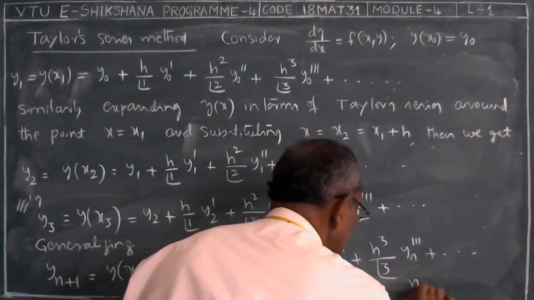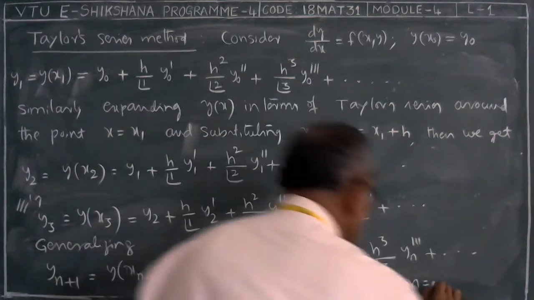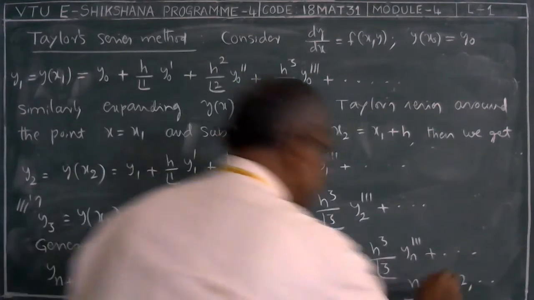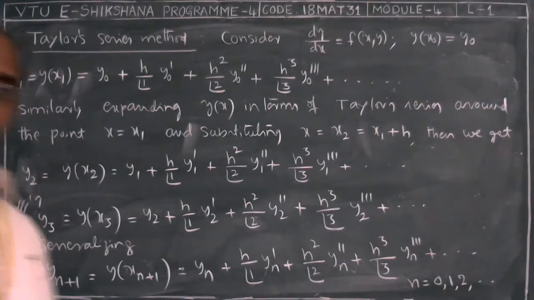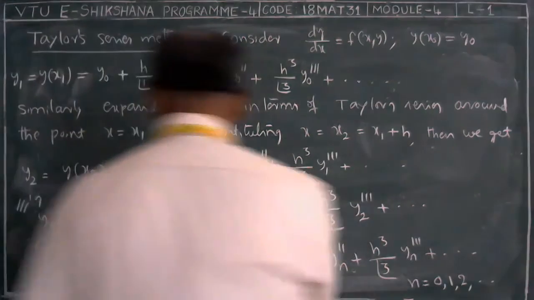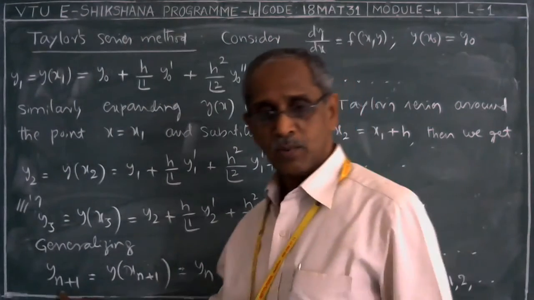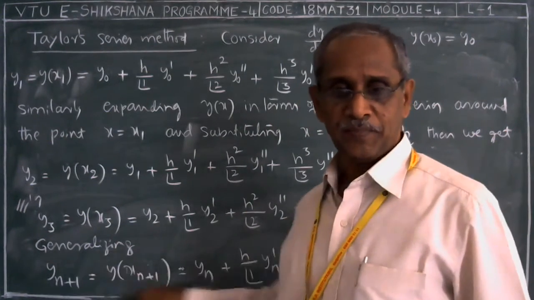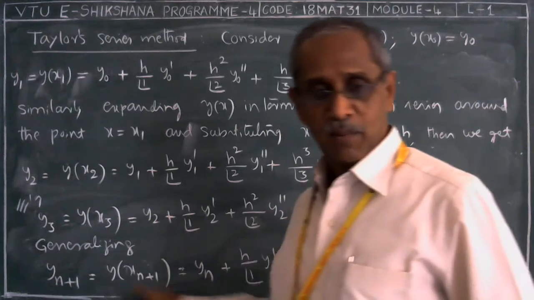This is for n is equal to 0, 1, 2, etc. Now this formula you have to remember. If you want y1, put n is equal to 0. If you want to calculate y2, put n is equal to 1. For y3, put n is equal to 2. For y4, put n is equal to 3 and so on. So this needs to be remembered.